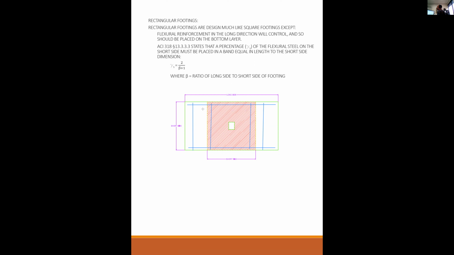The soil is really more like a bed of springs, and where the load is, that's where you're going to have the most deformation. So the code addresses it with this requirement. The balance of the short side reinforcement is evenly distributed in the end regions.